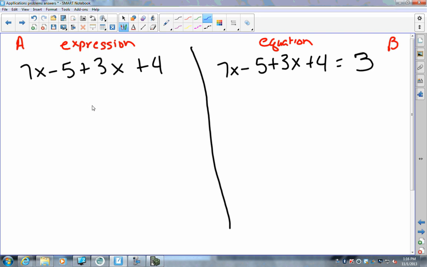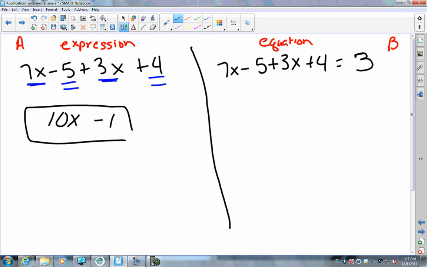On the left-hand side, if I asked you to simplify this, we would put our x's together. What is 7x plus 3x? 10x. Then I have -5 plus 4. That's -1.